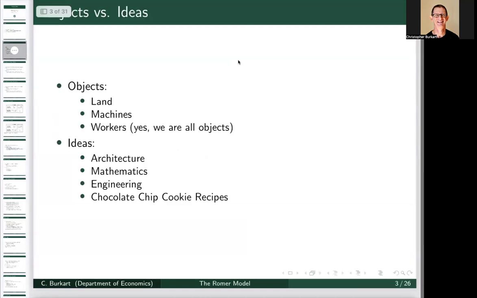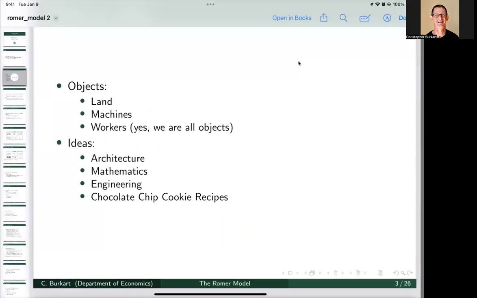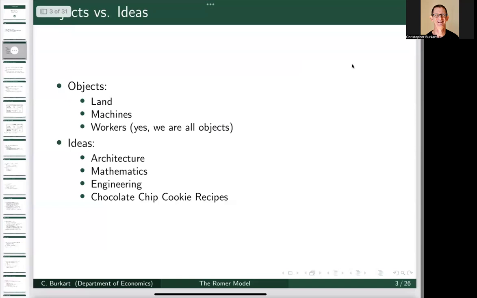So these micro concepts that I mentioned, this is the idea of an object versus an idea. You may wonder what these have to do with microeconomics, because I said review some micro concepts.